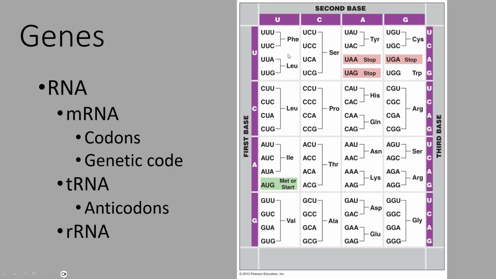Here is our genetic code. All of these have a 3-letter RNA codon and a 3-letter abbreviation for an amino acid. But this guy right here, AUG, is the universal symbol that says start making protein here. AUG says start making protein here.